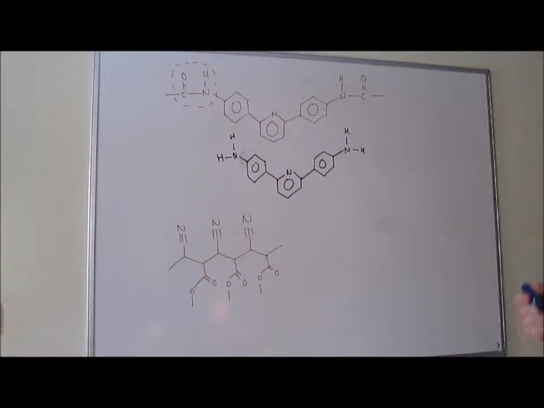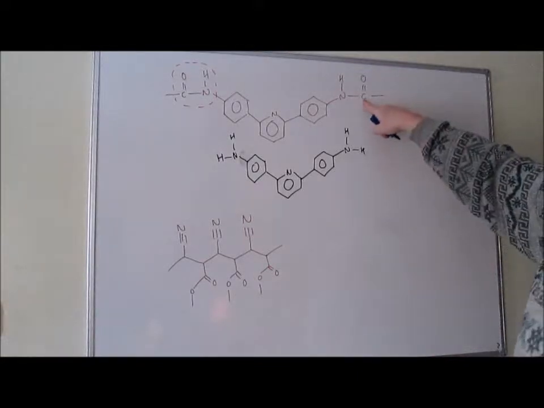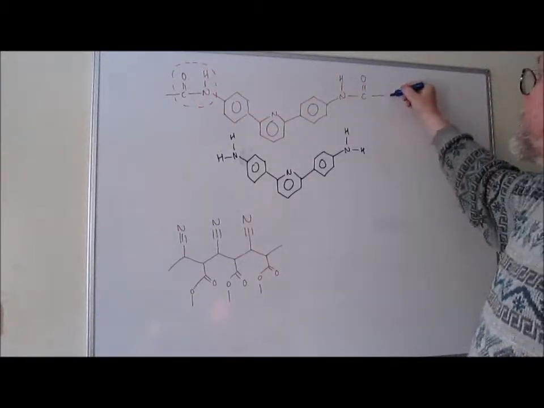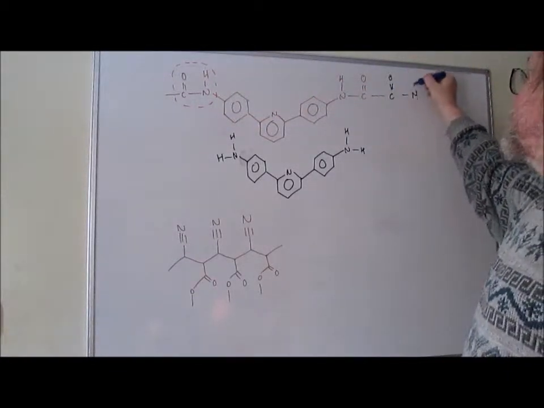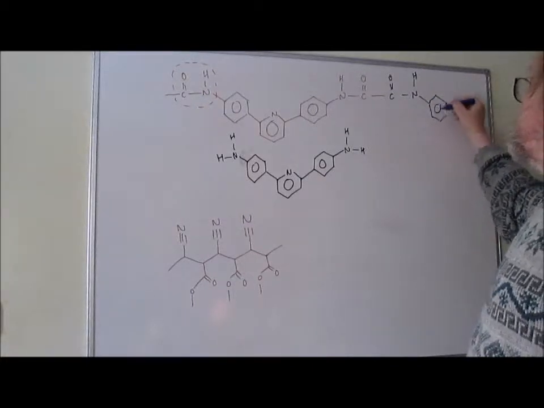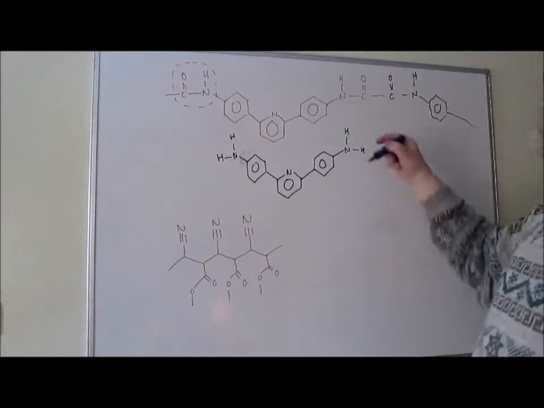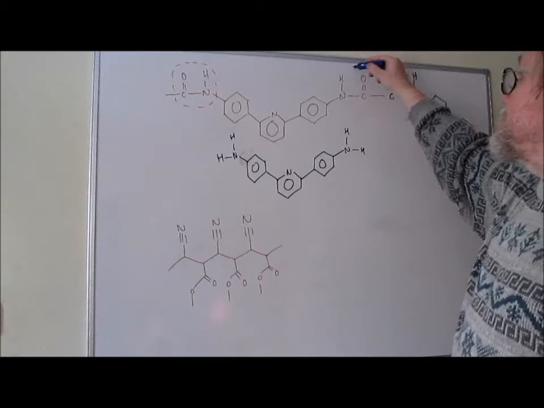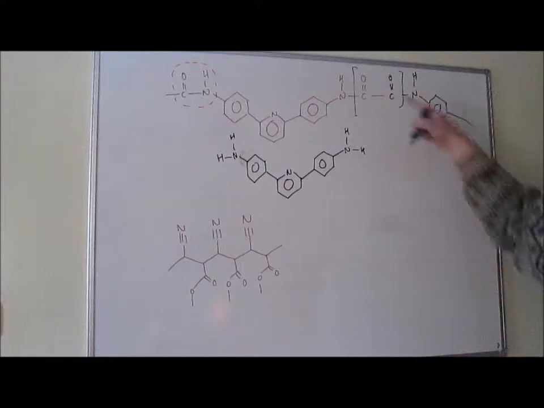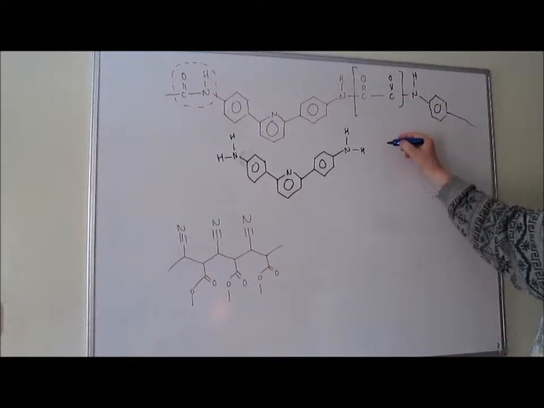And you can see that the other thing, it looks a bit odd, because you think, well, I've got a carbonyl group there, and then if I feed round to the beginning of the next repeat unit, it's going to be another carbonyl there, an NH, and onto the rings and so on, like that. So the actual bit that produces the carbonyl groups is just that, and of course that means that it comes from ethane dioic acid, which is this.